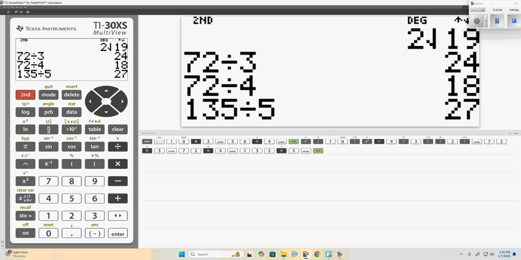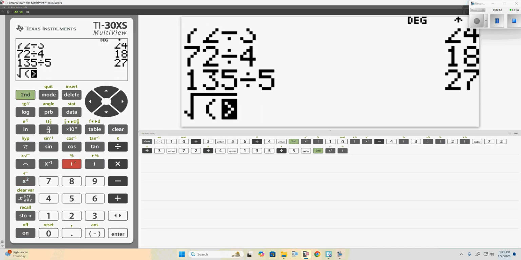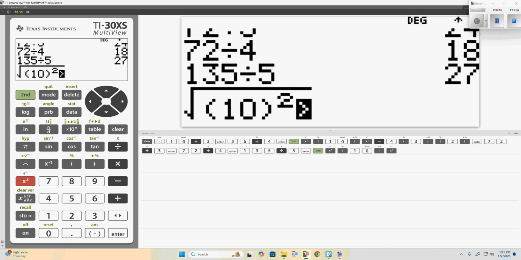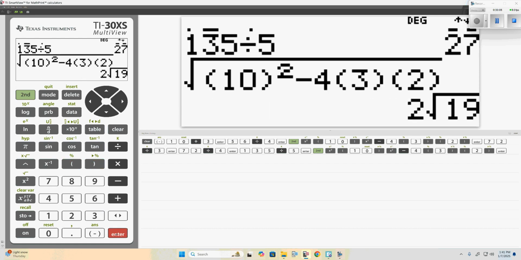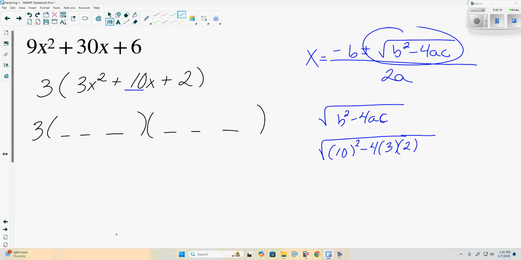So if we take the second square root, 10 squared minus 4 times 3 times 2, and hit enter, we get 2 square root of 19. Is that a rational number? No, we have a radical, yes? Which tells us that this quadratic here does not factor any further.